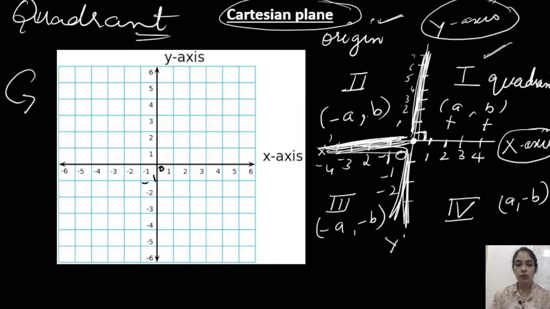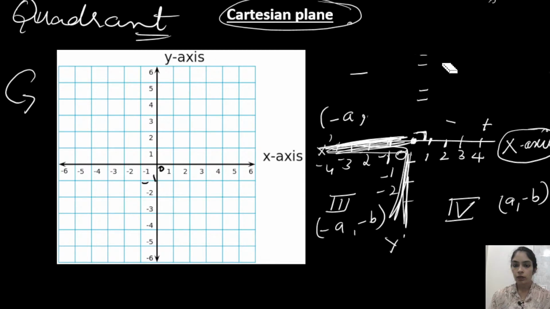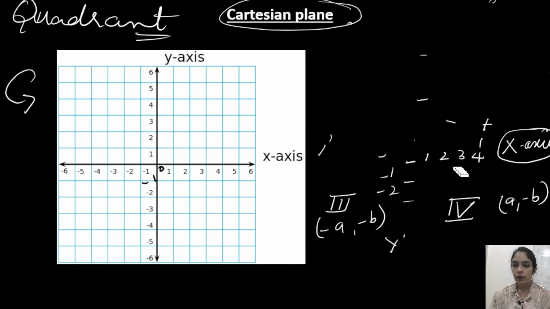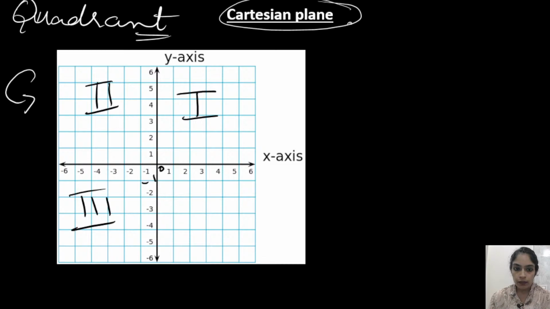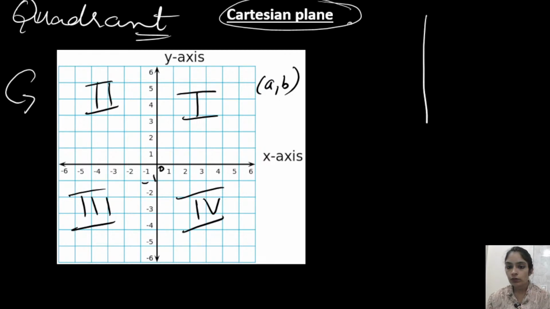A few other things I want to mention apart from this, because I have mentioned the quadrants. Like I mentioned, this is the first quadrant, second, third and fourth, and the points will always look like an ordered pair a comma b. But sometimes the point will lie on an axis also.